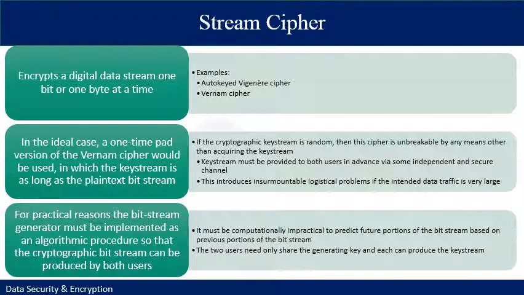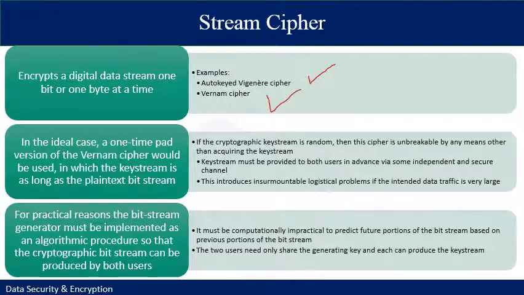So first of all, let us define the difference between a stream cipher and a block cipher. You should be a little bit familiar with the stream cipher, which is used to encrypt a digital data stream one bit or one byte at a time. Examples were discussed in the last lecture, such as the auto-keyed Vigenere cipher and the Vernam cipher.